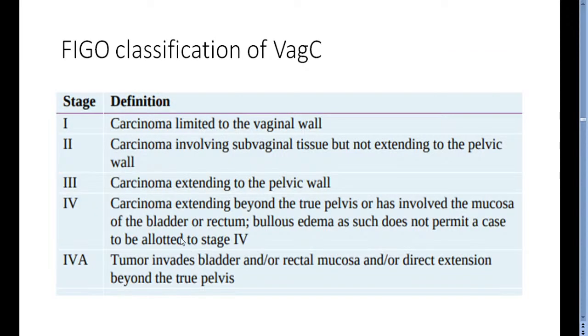FIGO also classified this disease in 4 stages. Usually stage 1 and 2 is the early stage, and stage 3 and 4 is the advanced stage.